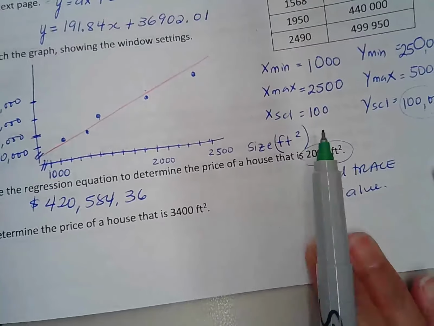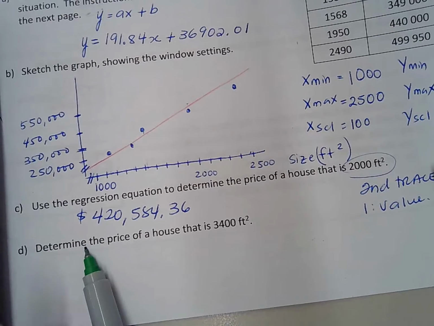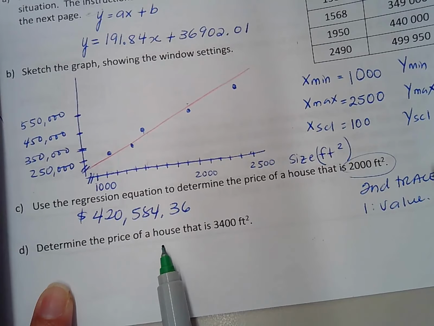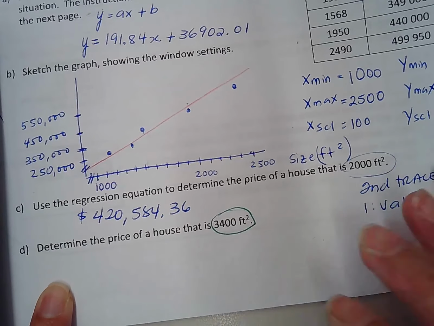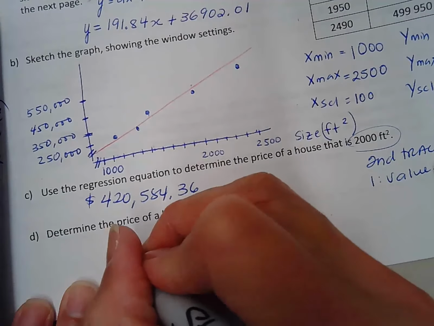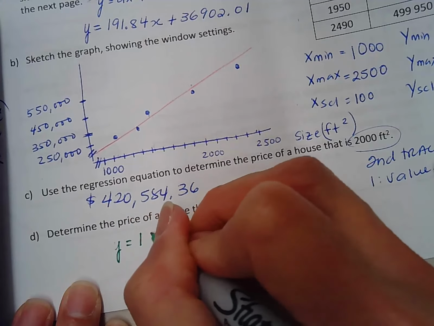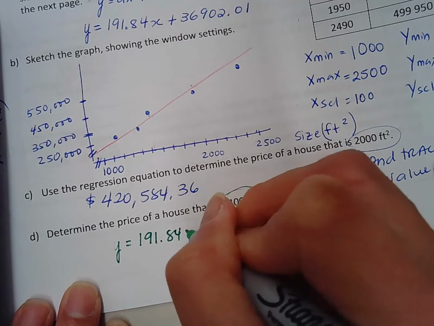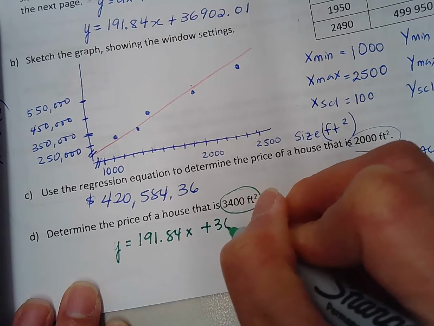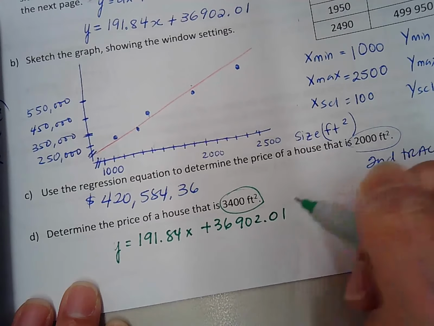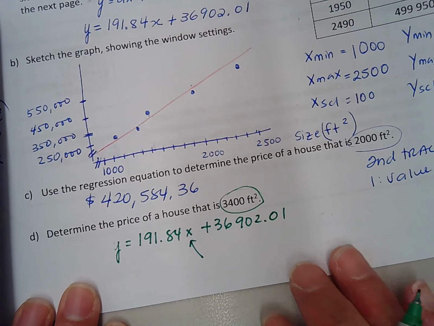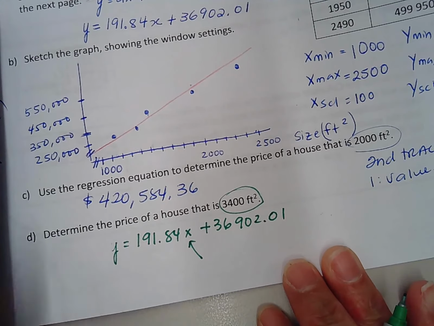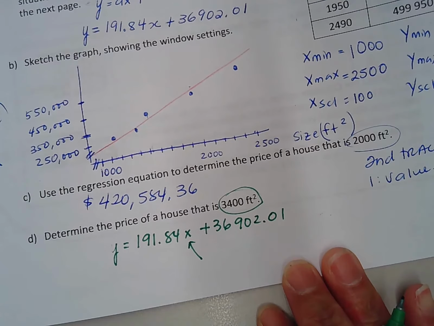What do we do here? It says here, determine the price of the house that is 3,400 square feet. This is the equation: y equals 191.84x plus 36,902.01. What does the x represent? We didn't dive into this one yesterday.